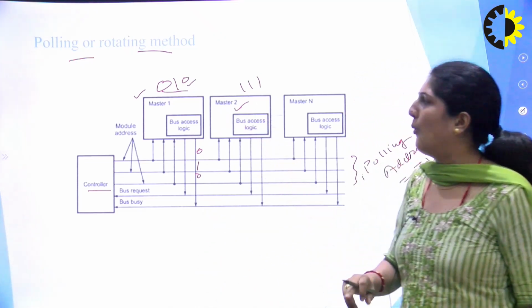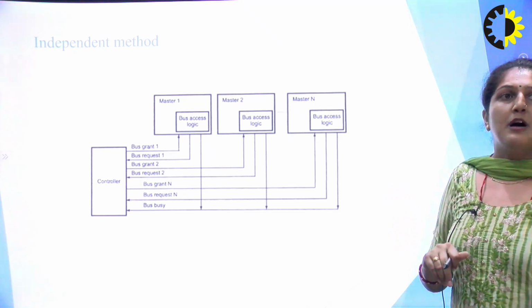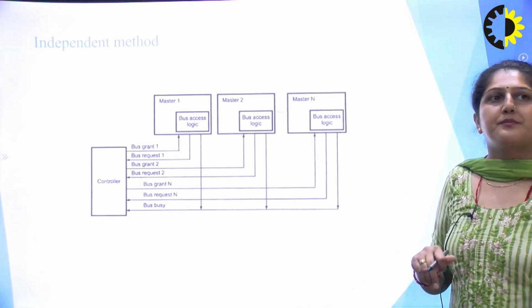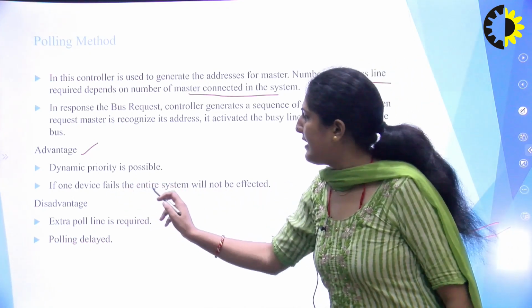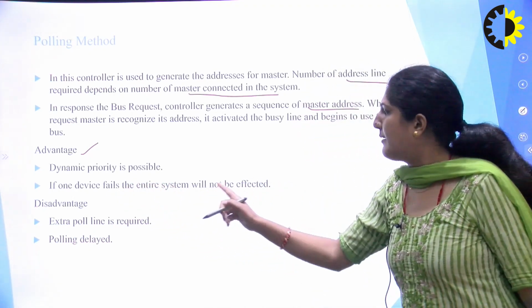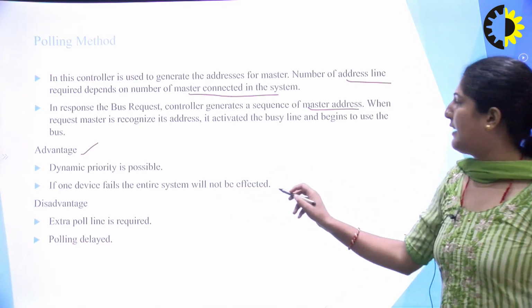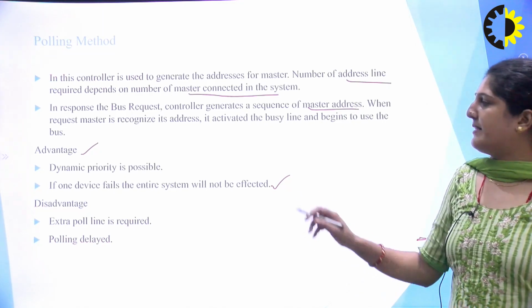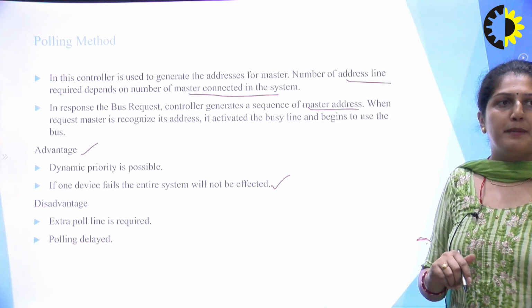In independent, anyone can become a bus master. If one device fails, the entire system will not be affected. It means it will overcome the disadvantage of the daisy chain method.